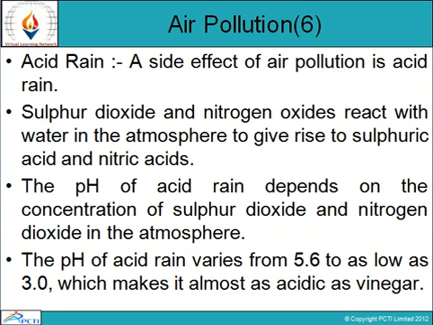The pH value of acid rain depends on the concentration of sulfur dioxide and nitrogen dioxide in the atmosphere. The pH value of acid rain varies from 5.6 to as low as 3, which makes it almost as acidic as vinegar.